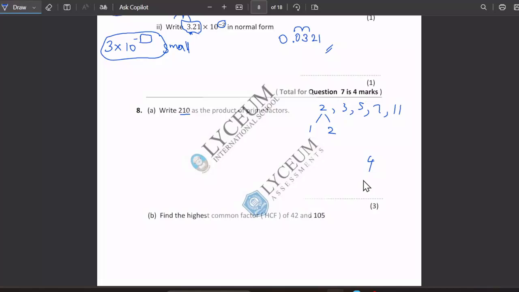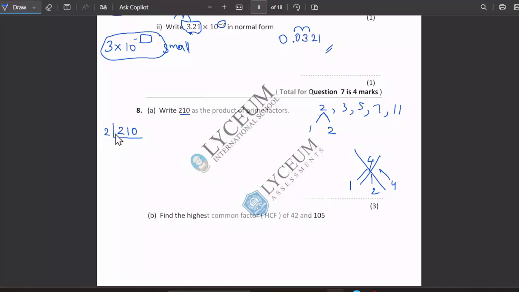So we can't take 4 as a prime number because it has 1, 2 and 4, 3 factors. So prime numbers have 1 and the number itself as the factors, only 2 factors. Okay. So let's start dividing by prime factors.